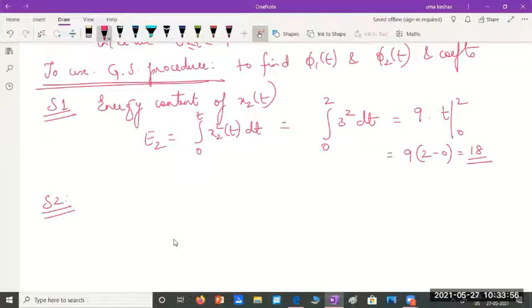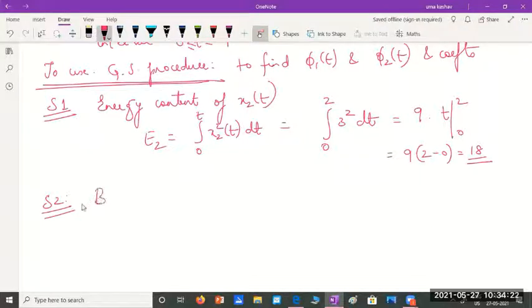So now we are trying to find the energy E2, which is obtained as the energy in the signal x2, which is defined as integral 0 to T x square t dt. I've just applied the values as given in the waveform and I've got the energy level. Now, do you remember how to find the value of the basis function?